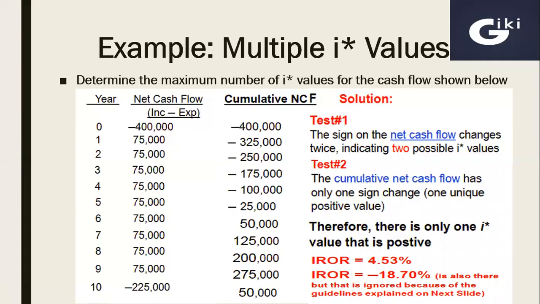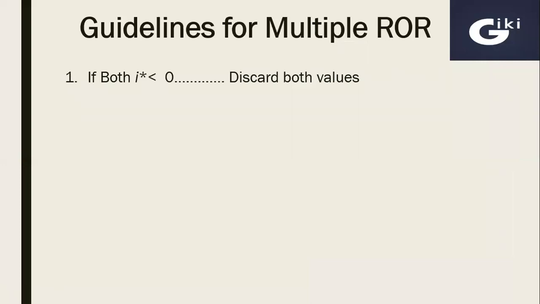So if we solve the equation, the positive ROR value will be 4.53% and the negative will be 18.7%. Now we can only select the positive value on the basis of guidelines that we are going to discuss in this slide. If both ROR values are less than 0, we'll discard both values.